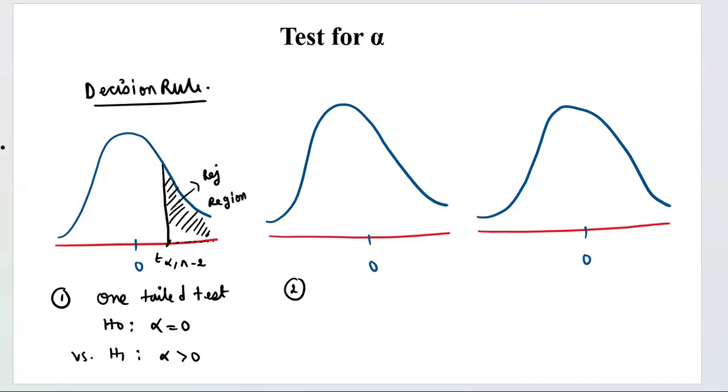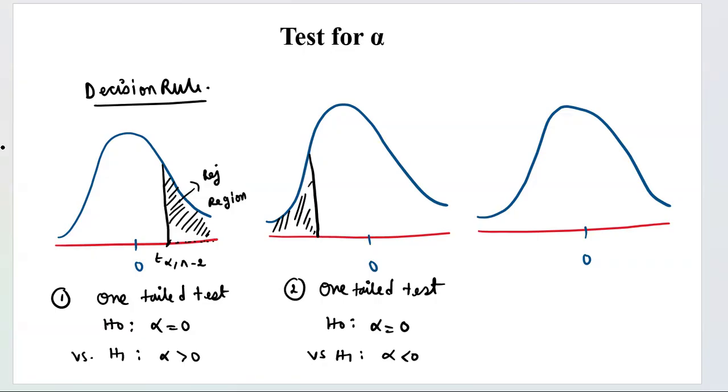Now there could be a second case of one-tailed test, where H naught is alpha equals 0 versus H1 is alpha less than 0. Then this will be the rejection region, and the critical value is minus t alpha, n minus 2. So if your t computed value falls in this particular region, you will reject H naught.